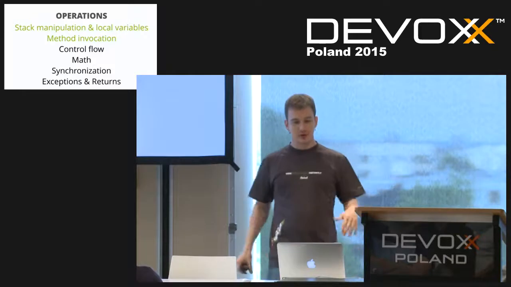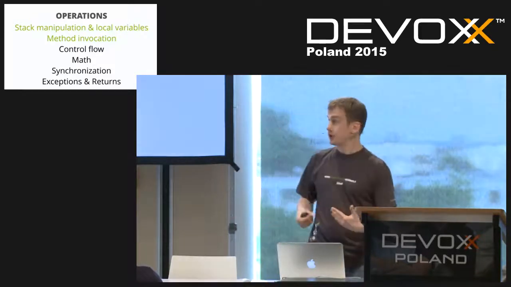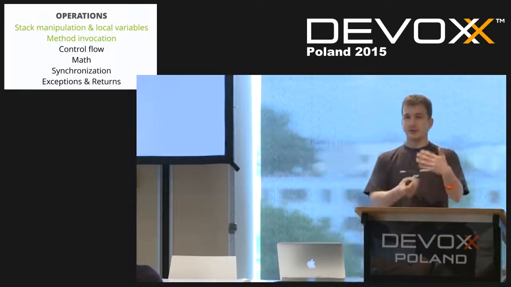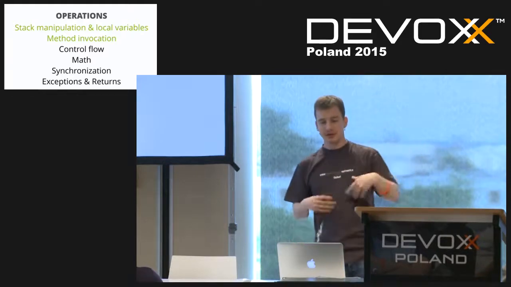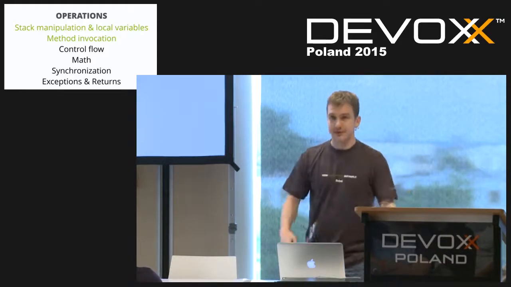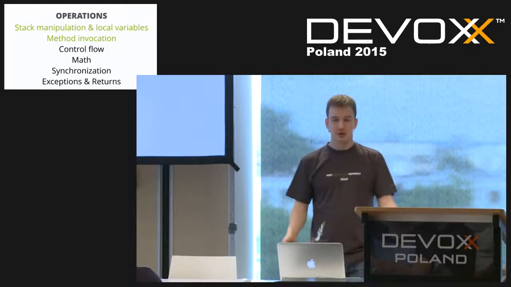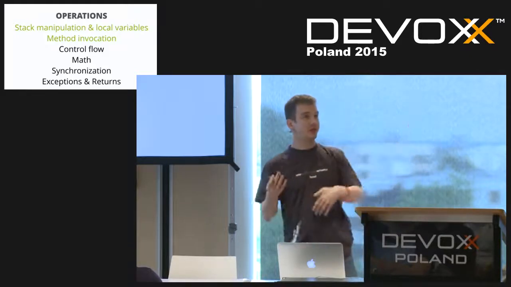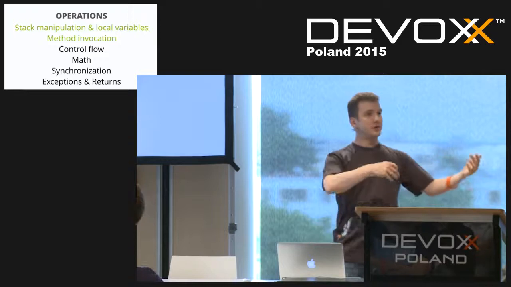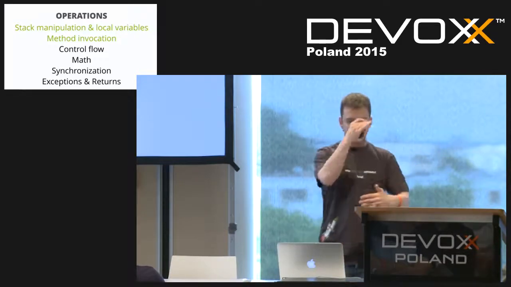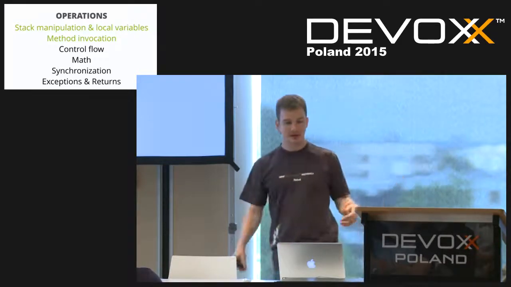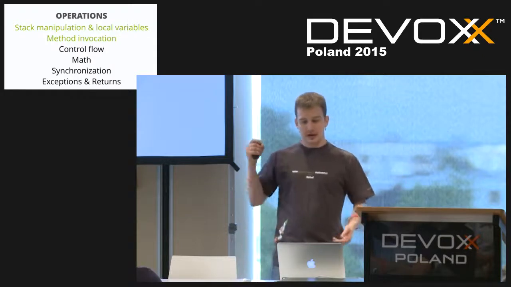Some are reserved for debugging, but in general, we'll have the following instructions. All of them can be divided into several groups. The first group is essential. We'll be manipulating the stack. We'll be loading values onto the stack, removing them from there, and any stack control manipulations.